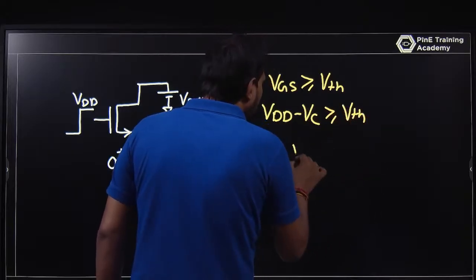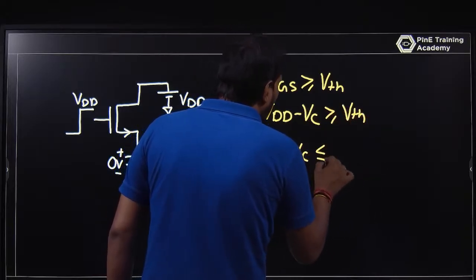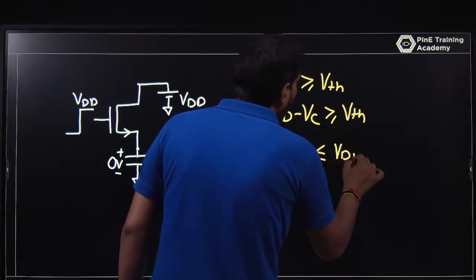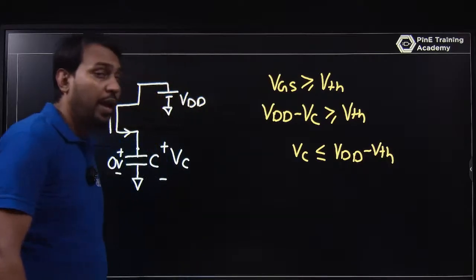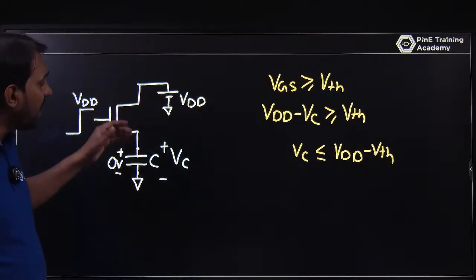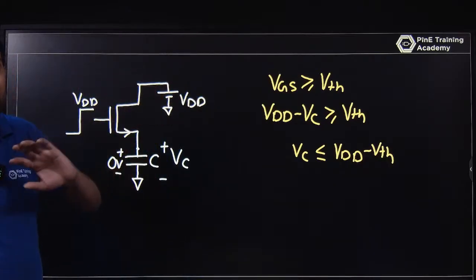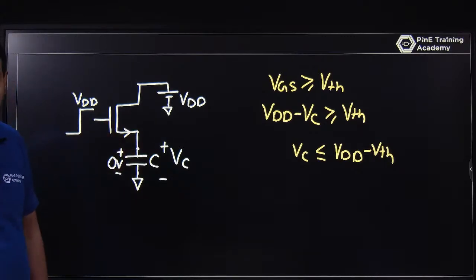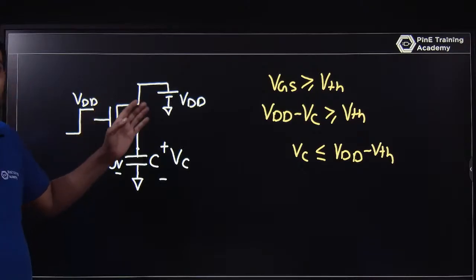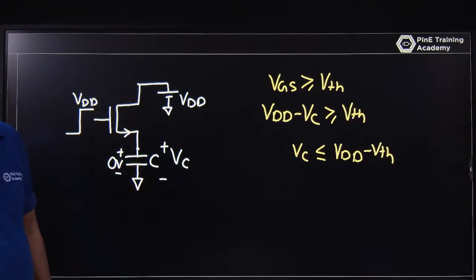So the capacitor can charge till VDD minus VTH. The capacitor can never be charged through the NMOS to VDD. It will be charged till VDD minus VTH. That's why NMOS is not good for passing logic 1.